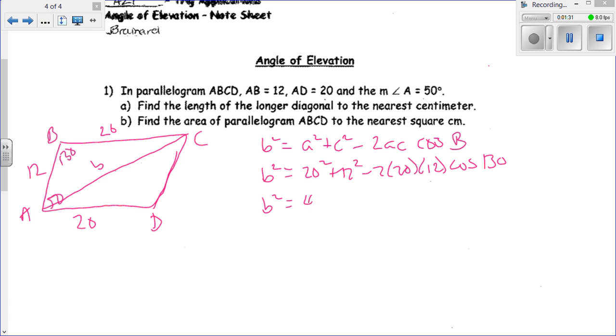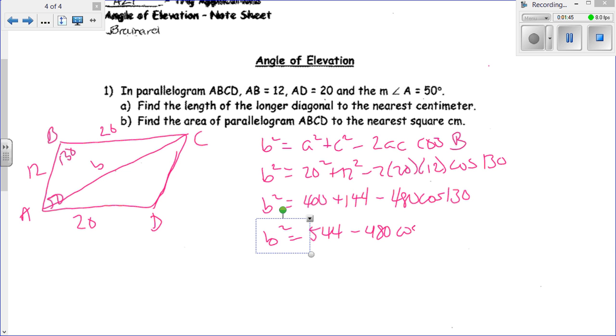So B squared is equal to 400 plus 144 minus 480 times the cosine of 130. So B squared is equal to 544 minus 480 times the cosine of 130. At this point, I put it into my calculator. So B squared is equal to 852.5380526.